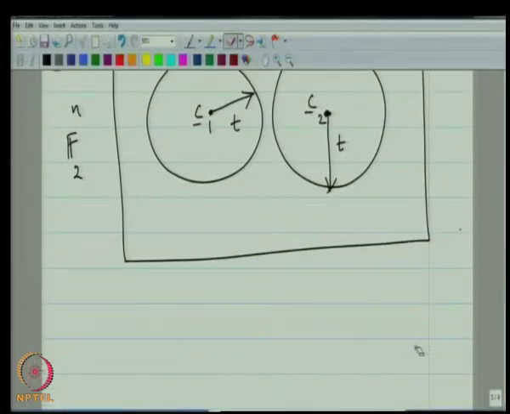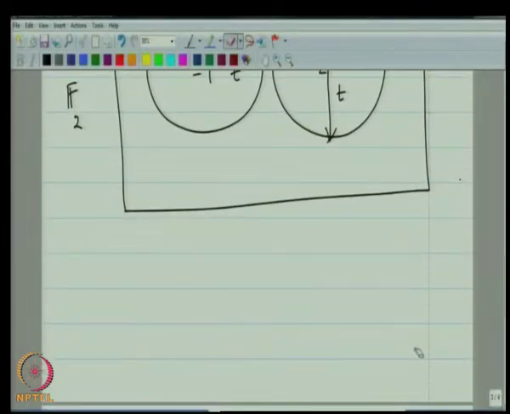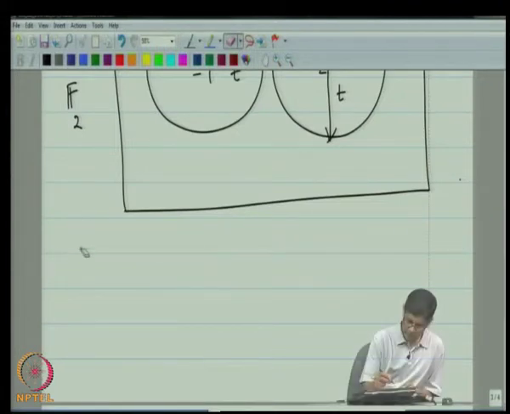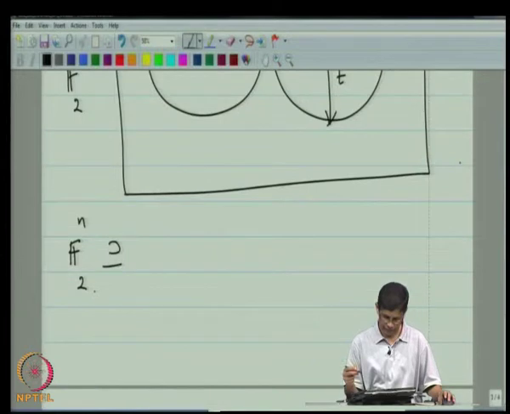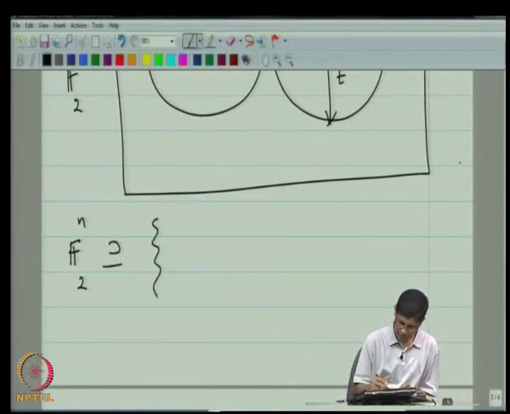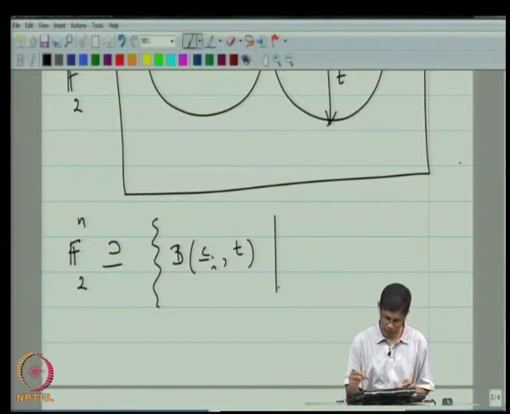So let us go down here. F 2 to the n contains the balls of radius t centered around all of the code words.